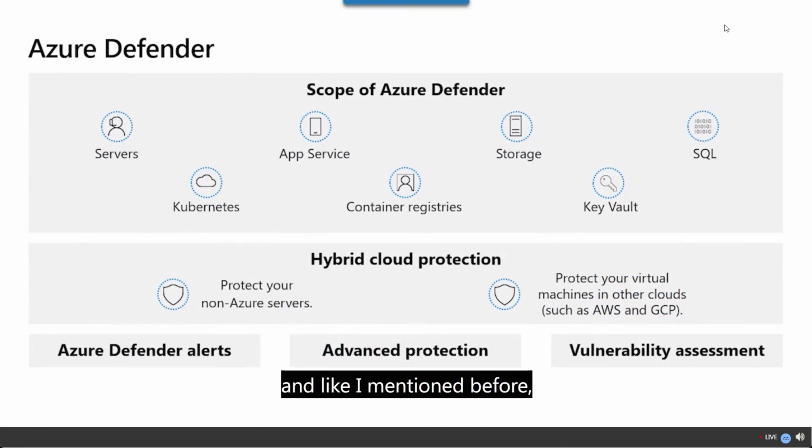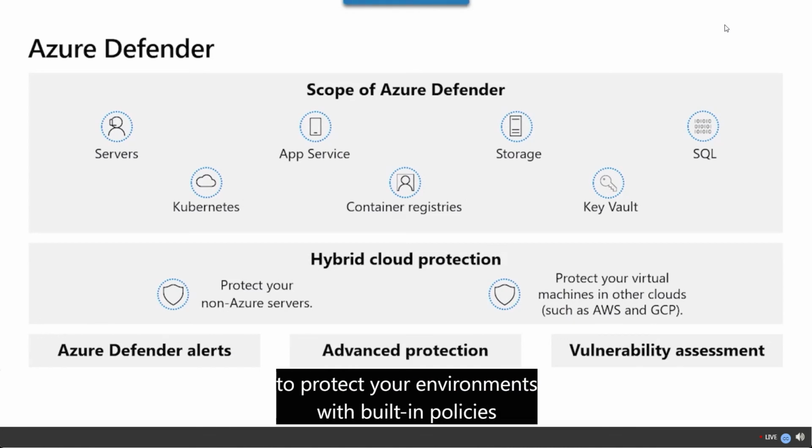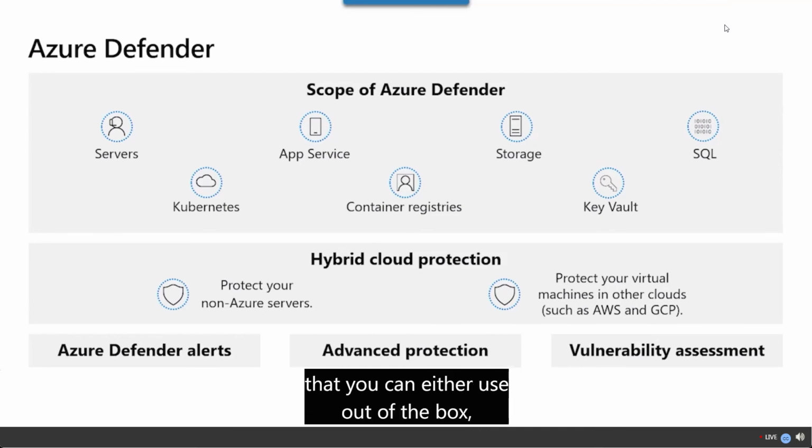And like I mentioned before, it automatically syncs with the Security Center to protect your environments with built-in policies that you can either use out of the box or you can customize them to meet your needs. Now, Azure Defender has a lot of different plans to help protect your servers, your applications, your storage accounts, even your databases.